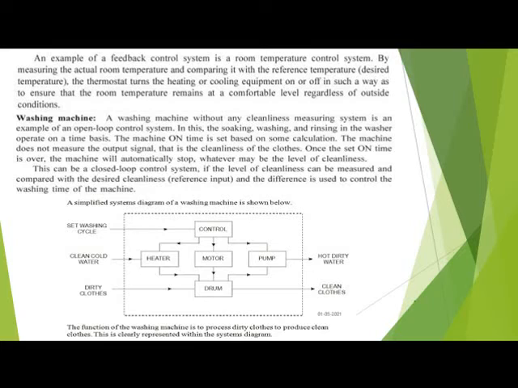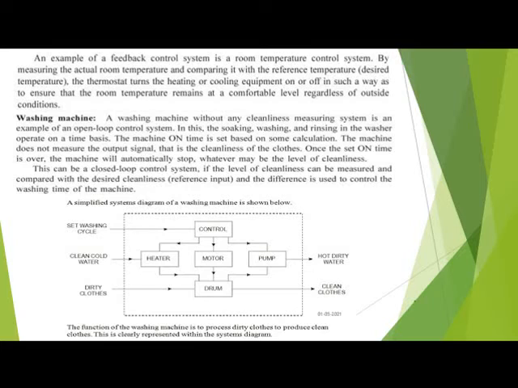Once you set the level, everything is automatic. The water is taken in, then soaking, then washing, then rinsing, then drying, and finally the machine stops. The level of cleanliness depends on the time and so on.